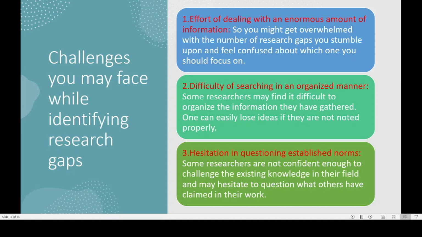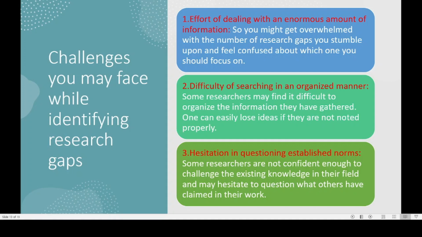So when you are reading literature like that, you can find a number of research gaps, but the problem that comes to your mind is which one you should select. You will be finding a number of research gaps you stumble upon, then feel confused which one you should focus on, which one you should select for your PhD work or MPhil thesis.